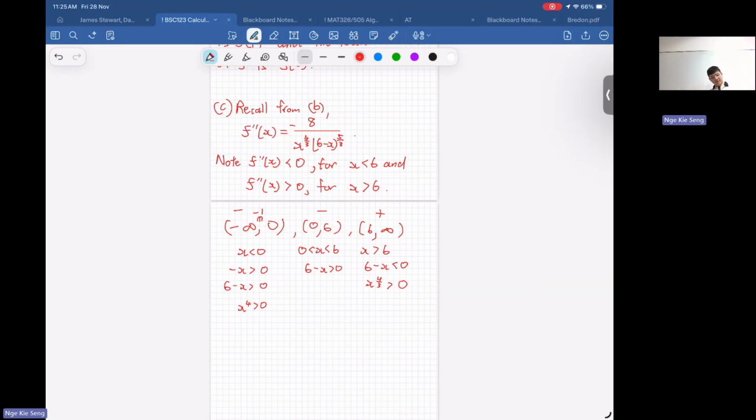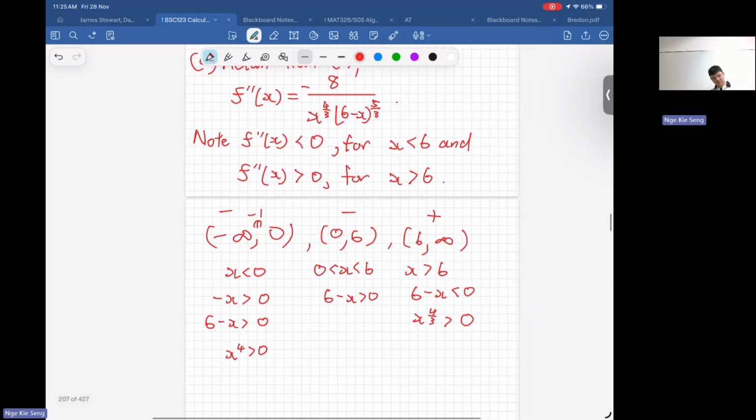But did you see the sign didn't change here? The sign didn't change, yeah. You also get that it didn't change. So is it an inflection point?